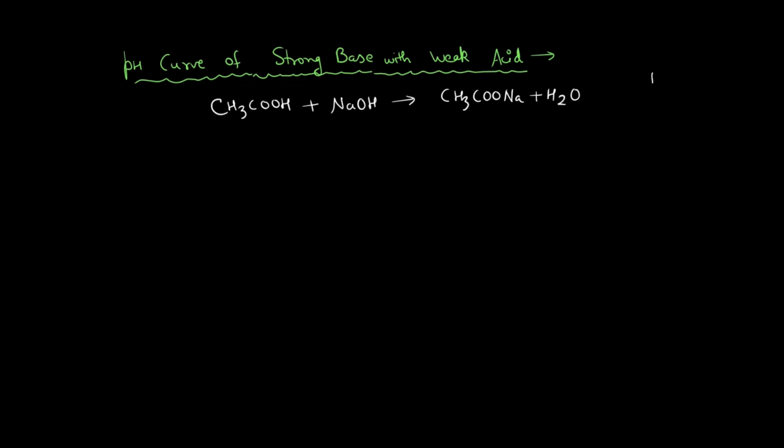So let us take our sodium hydroxide in the burette. This is our burette, and this is our conical flask. Our acetic acid is in the conical flask as an analyte.